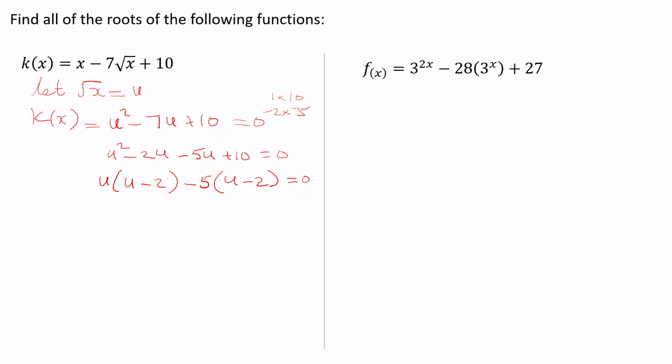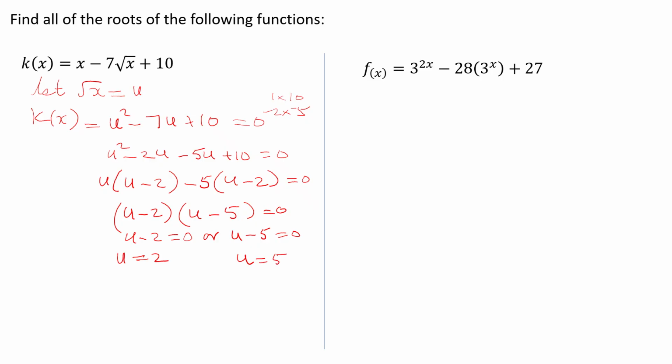Now you can take u minus 2, then u minus 5 equals 0. Two factors multiply equals 0, so either of them must be 0. So u minus 2 equals 0, or u minus 5 equals 0. So u equals 2, u equals 5.